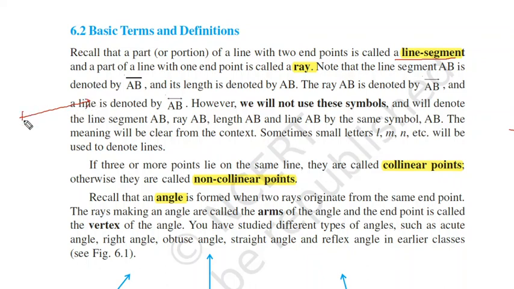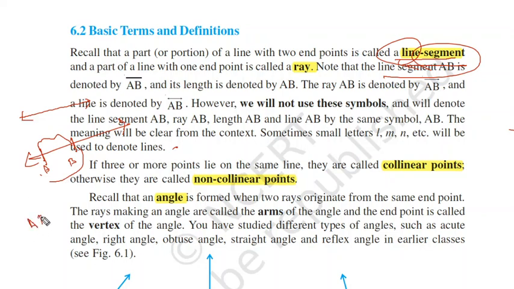We can draw a line and take a segment from this line. You can name it, say, A, B, and this segment is a line segment. It is just a segment of a line. You can write a line segment like this: AB with a bar, the symbol of a line segment.